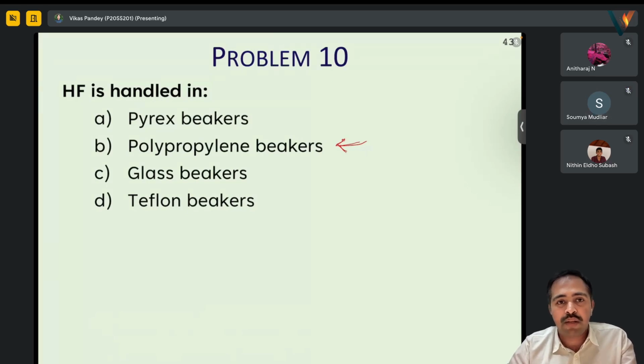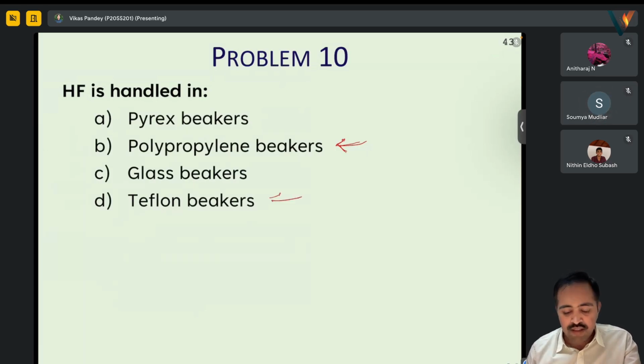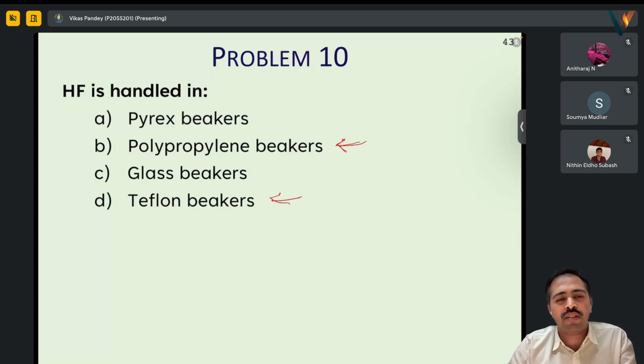There can be multiple correct answers also. So Teflon beakers also. Yes. Polypropylene beakers are used in case of acids, but HF specifically is generally used in Teflon beakers only.